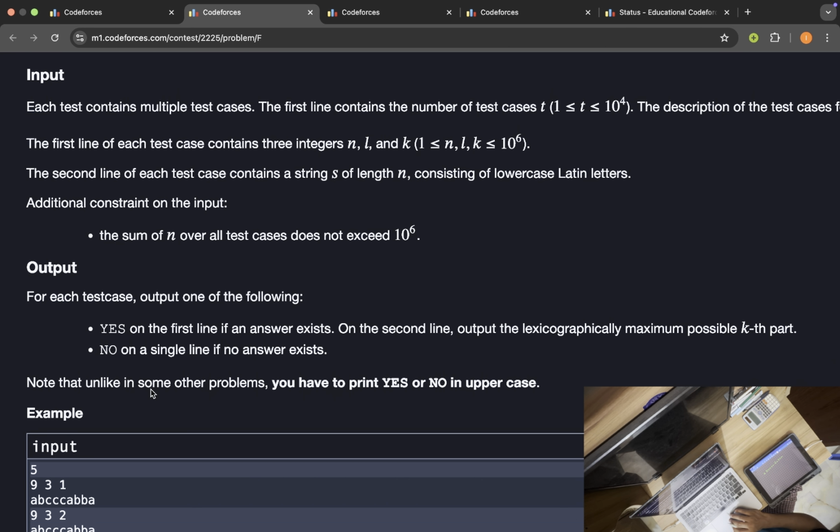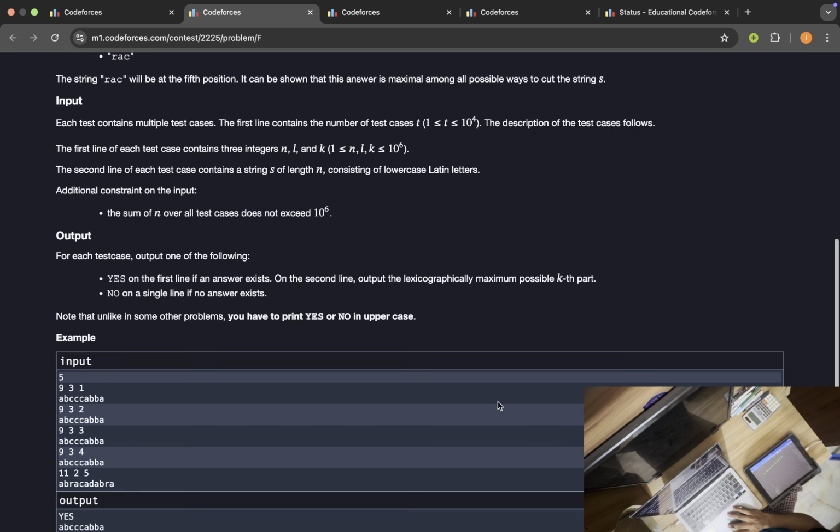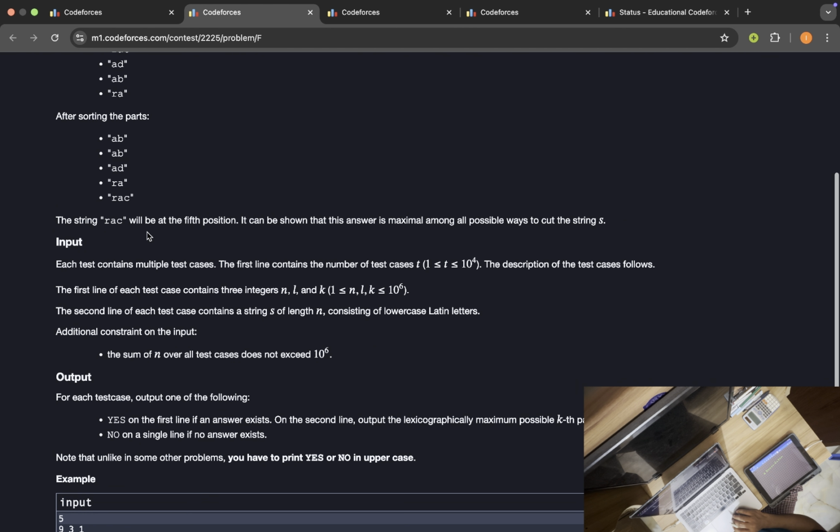Then note that unlike the other problem, you have to print YES or NO in uppercase. Okay, what happened? It can be shown that the answer is the maximum among all possible ways to cut the string. I put YES on the first line if an answer exists.